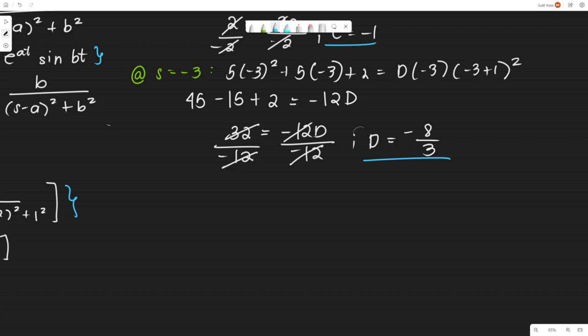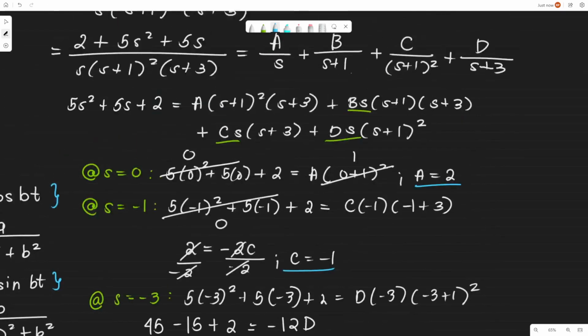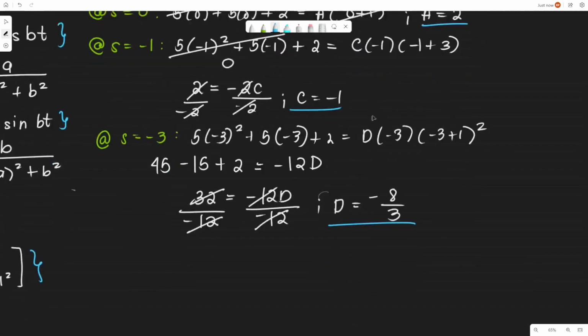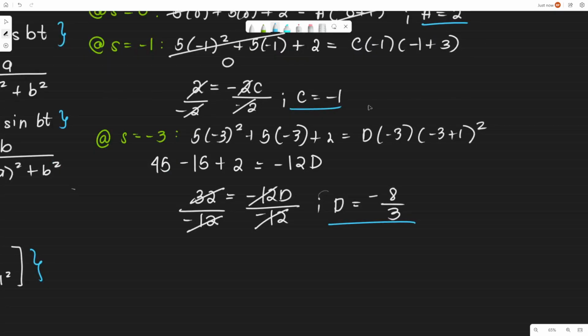Last, wala na tayong zeros na pwedeng gamitin kasi nagamit na natin lahat ng zeros na pwede natin magamit. So, this time, you're going to assign any value but make it as low as possible, para hindi mahirap. Nagamit na natin si 0, hindi na pwede. Negative 1 nagamit na rin natin. So, si positive 1 naman yung gamitin natin. So, at s is equal to positive 1, lahat na gagamitin na natin kasi wala namang magka-cancel.